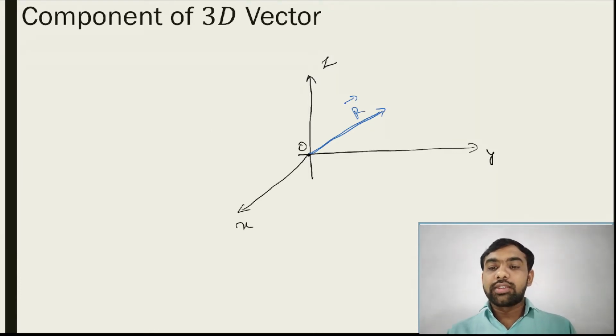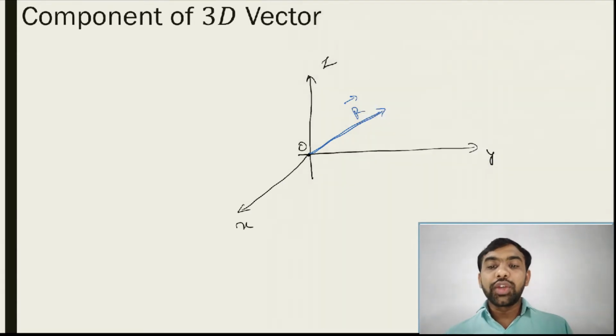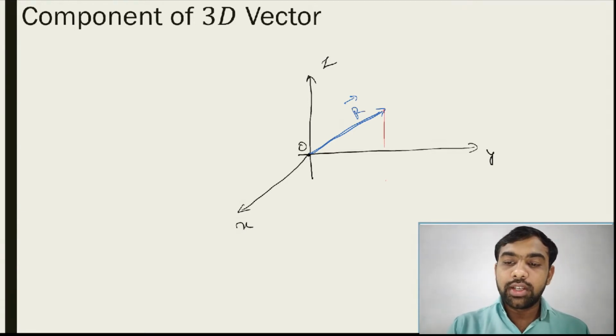Then how do you get this answer? You take a projection of this vector along the x, y and z axes. So that is the xy plane.